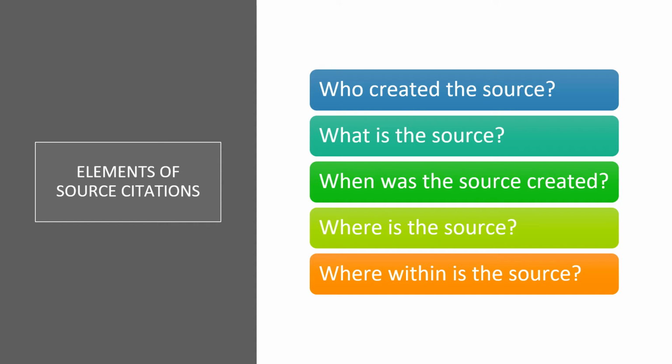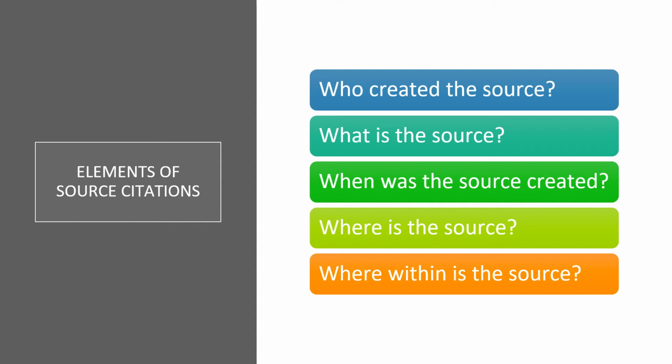This is important because the DNA results are being continually updated as new people join the database, so we want to make sure that we've captured the date that we looked at those results. Where is the source located? This could be the URL of the website, or it could be the address of a person who prepared a report for us, which we would keep private if we were publishing.